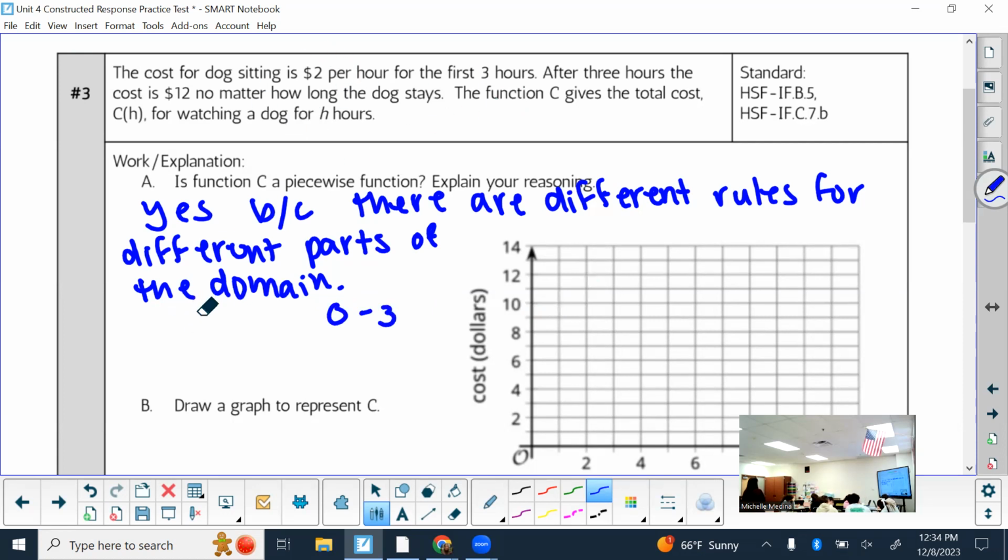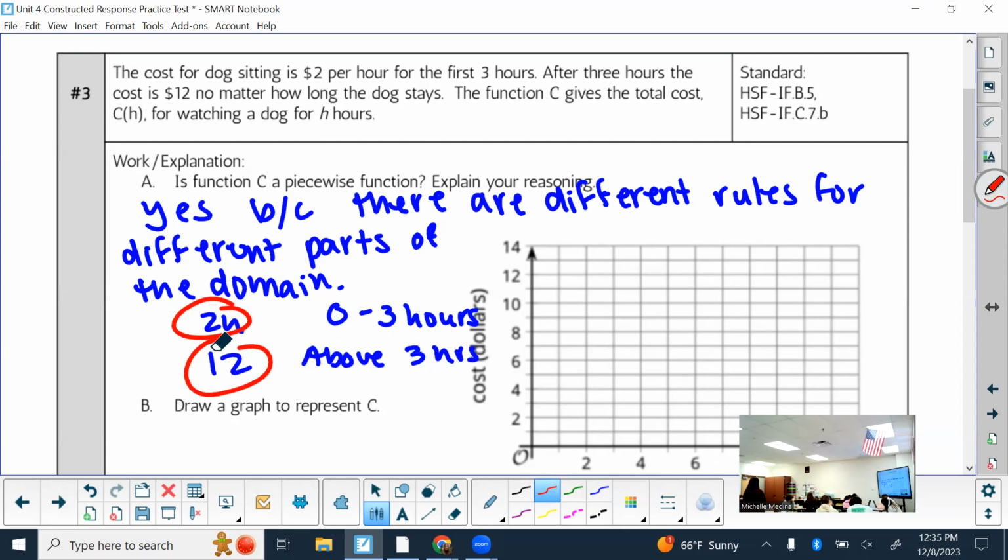So I could represent that with this expression, 2H, for the first 3 hours. Then after 3 hours, what's the rate? So then you can summarize that where above 3 hours, they just charge $12. So these would be your different expressions. These are different rates. These are different intervals in the domain. All right, so yes, it's a piecewise function. That makes sense?